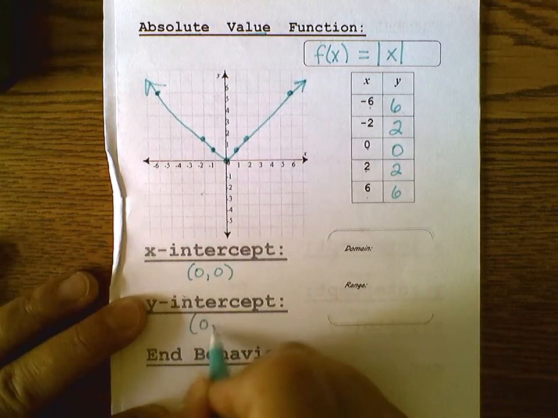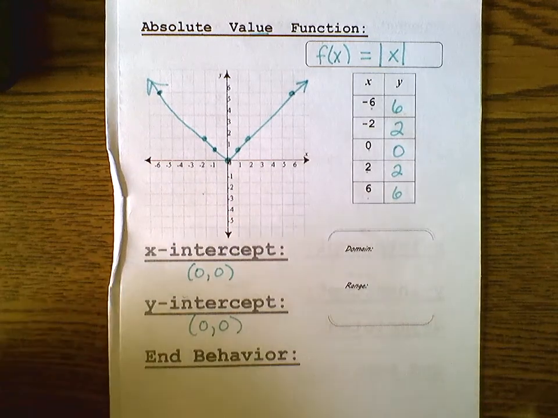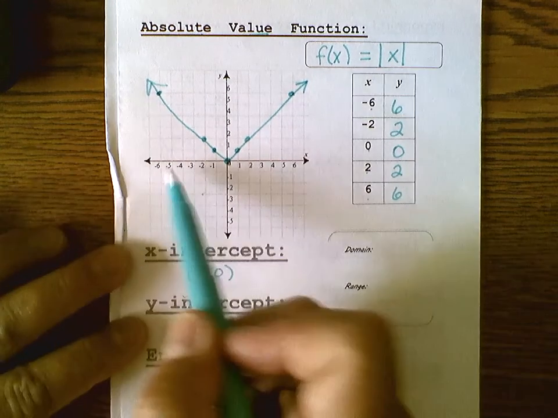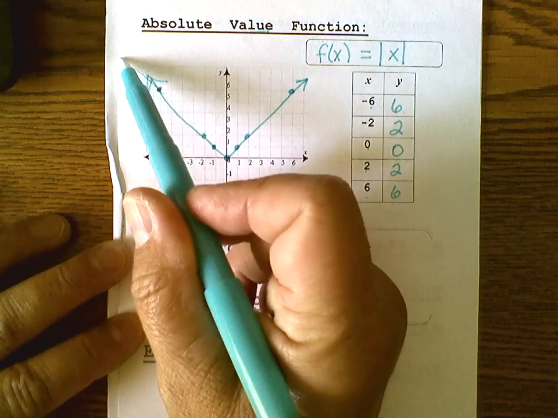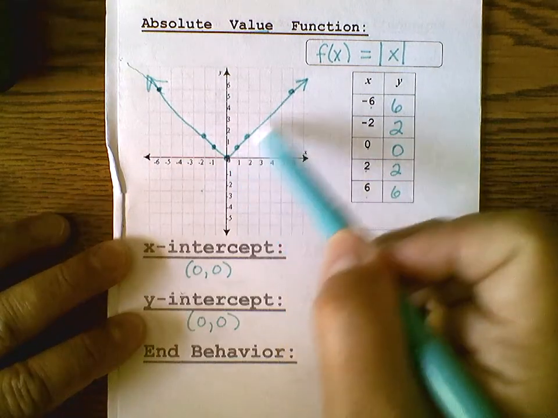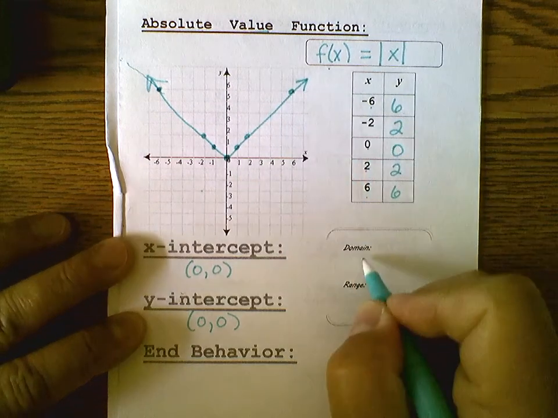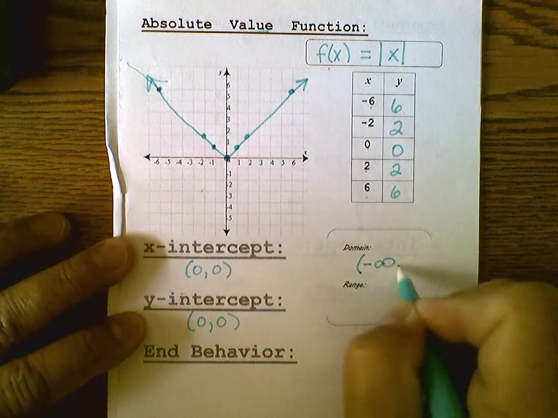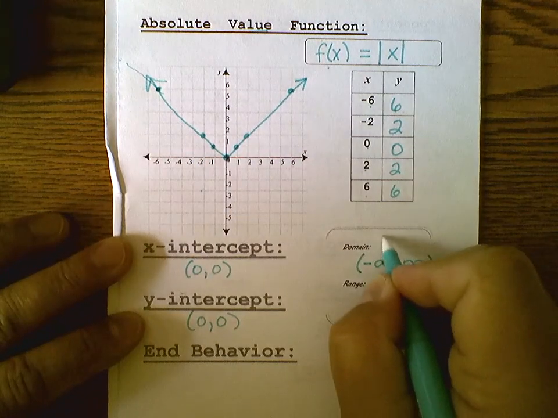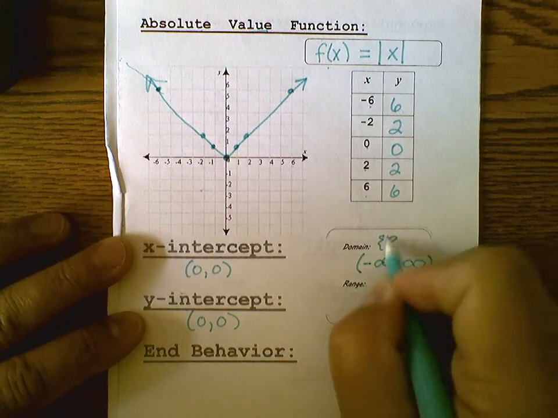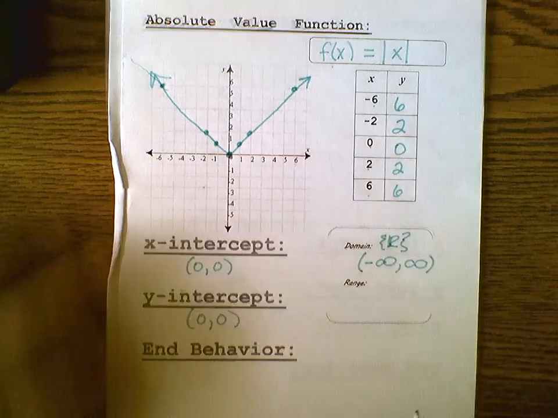Y-intercept, also the origin. If we talk about the domain, x values going from left to right, to the left to negative infinity, to the right to positive infinity. There's no holes or breaks, so still all real numbers.